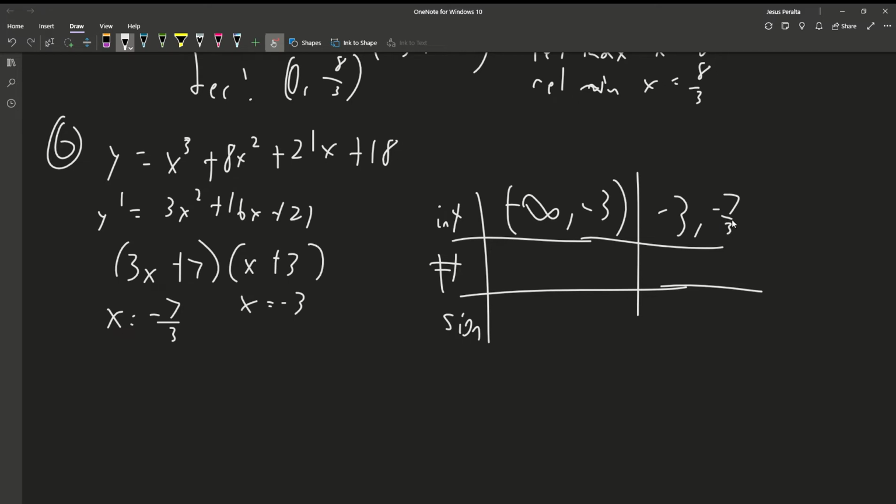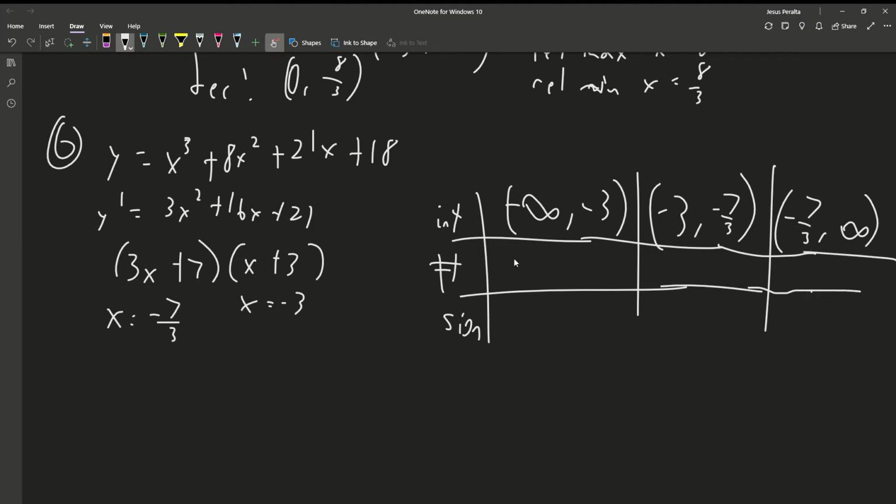I believe negative 7 over 3 would be about negative 2.33, which is why it is greater than negative 3. So don't forget to close the parenthesis. Then you have negative 7 over 3 to infinity.